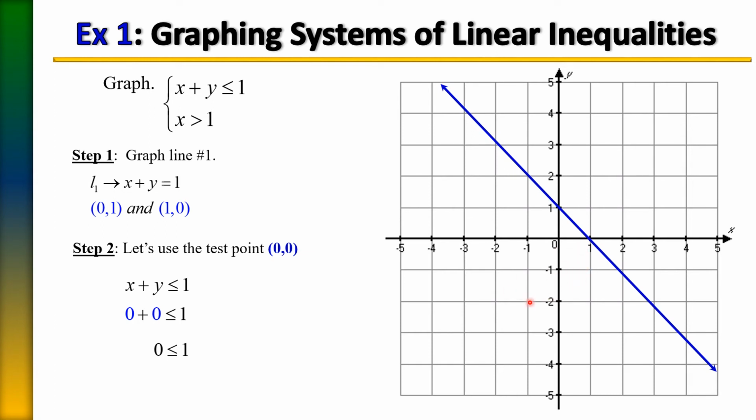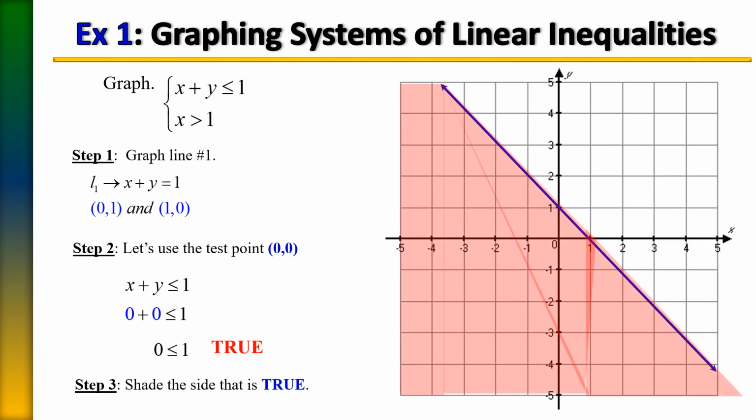So you're going to go ahead and shade that region to the left because that is where the true region lies. Now we are not done with the equation. What we have to do now is graph our second line. So let's go ahead and do that, line 2.